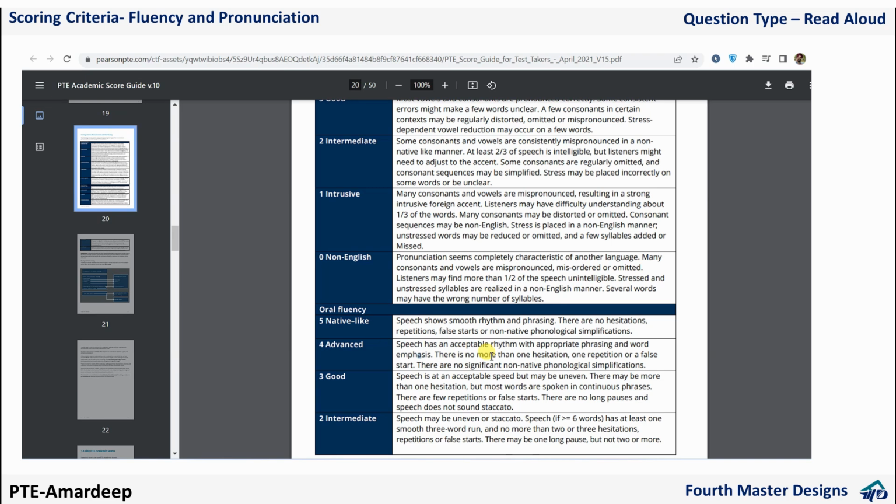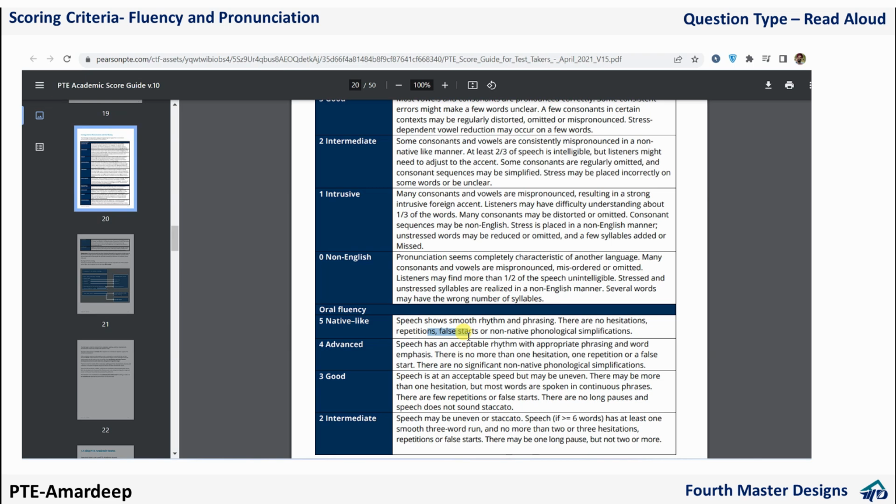My fluency got affected, my content got affected, and when my fluency is affected, my pronunciation is also affected. That I'll explain after this. So if you correct your mistake, almost three criteria will be affected. So, guys, do not pause at all. If you have made a mistake, just continue. That's all. So, no hesitation, no repetition, no false start.